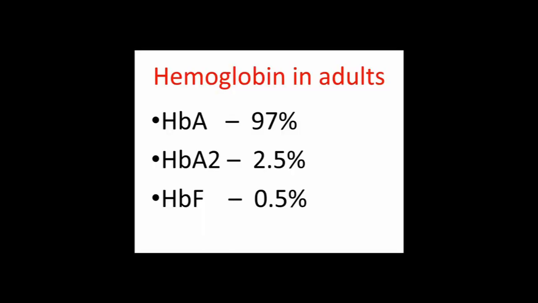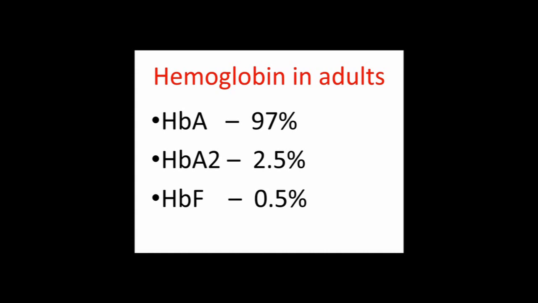So we all know that the role of hemoglobin would be to carry the oxygen and carbon dioxide between the tissues and the lungs. Hemoglobin, a 64,500 Dalton molecule, is composed of heme and globin. There are different types of hemoglobin, the most common and the most important being hemoglobin A, also known as adult hemoglobin, hemoglobin A2 and hemoglobin F, also known as the fetal hemoglobin.